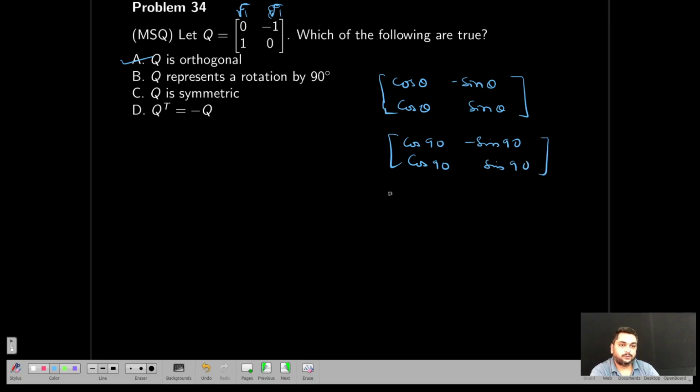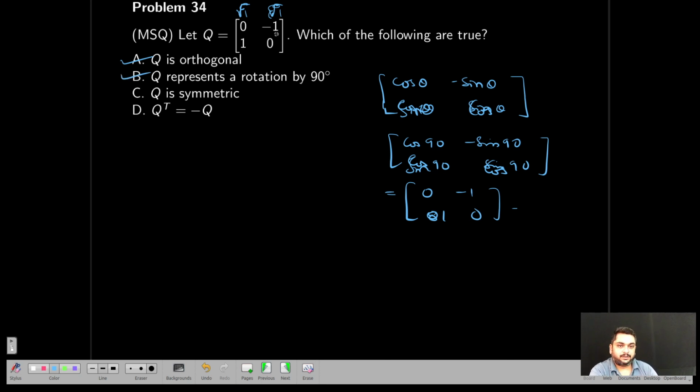So this will give me that matrix. Cos 90 is 0, minus 1, 0, and then sin 90 cos 90, so this is 1, 0. So this is the matrix. So it represents rotation by 90 degrees.